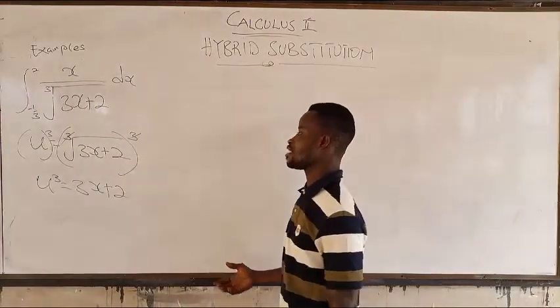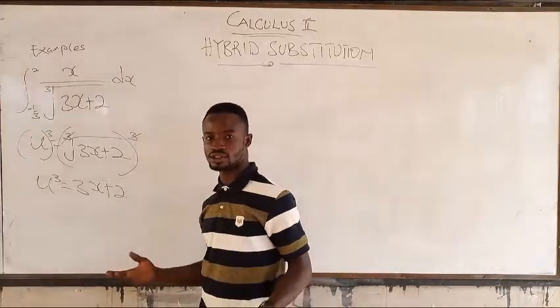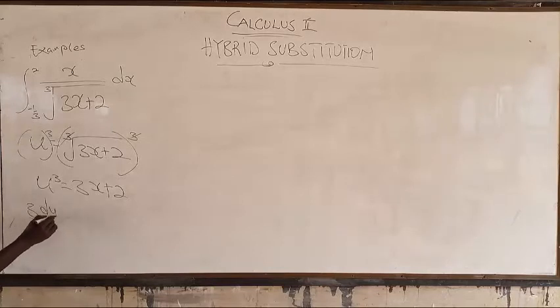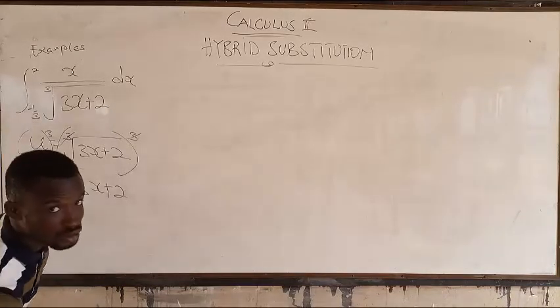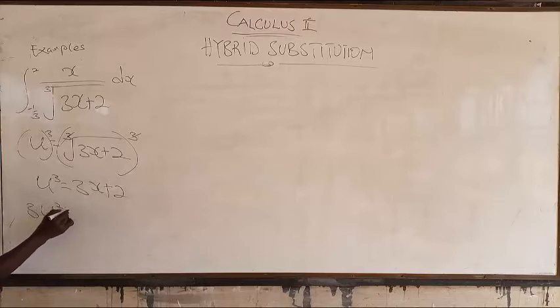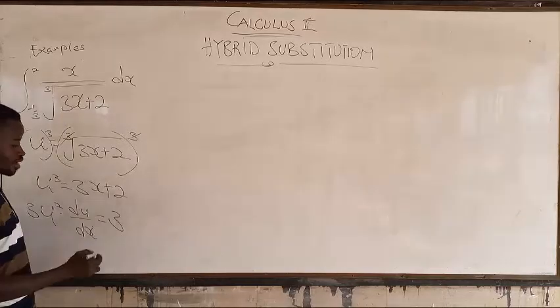Very good. Then from here, what will you do? You go and differentiate. We get 3u squared du/ds, implicit, which is equal to 3, and the derivative of the constant will be 0.